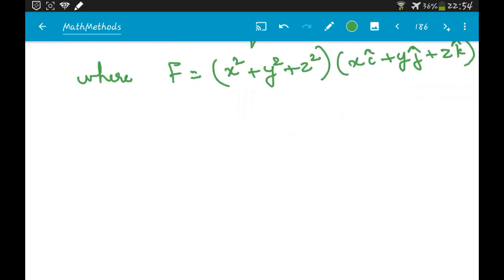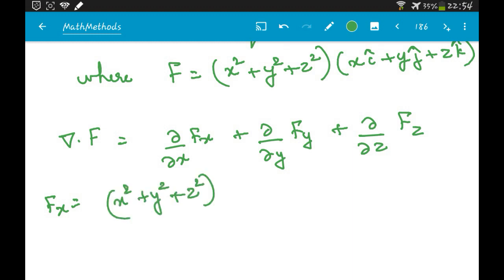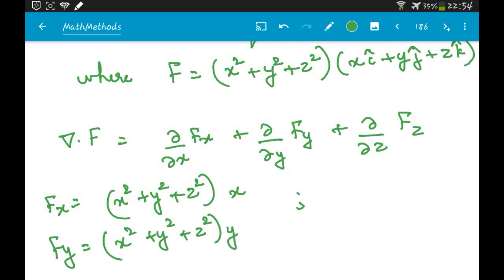Since we have del dot F, let's find what del dot F is. Del dot F is dou by dou x of fx plus dou by dou y of fy plus dou by dou z of fz. Here fx is x square plus y square plus z square into x, fy is x square plus y square plus z square into y, and fz is x square plus y square plus z square into z.